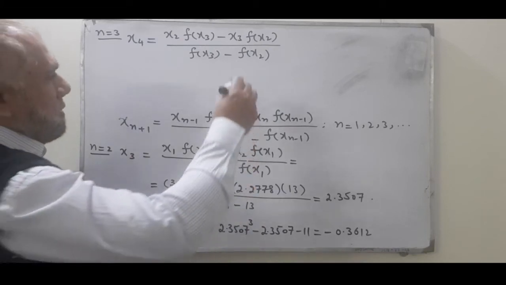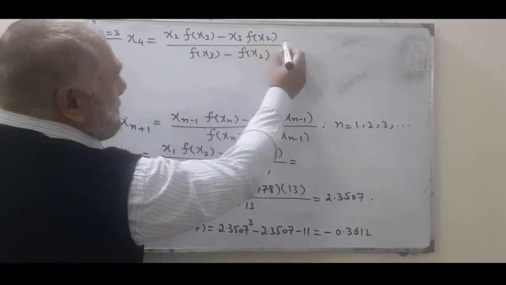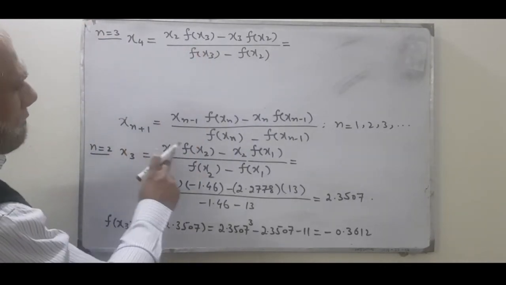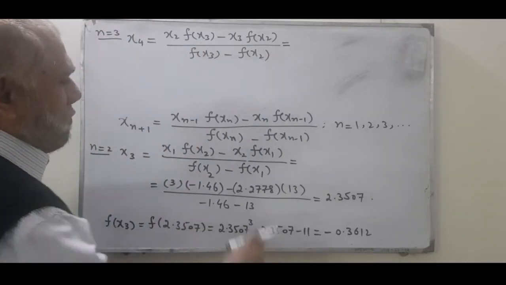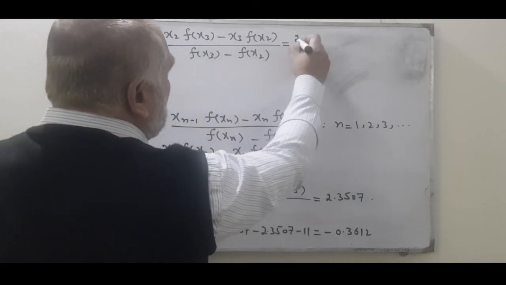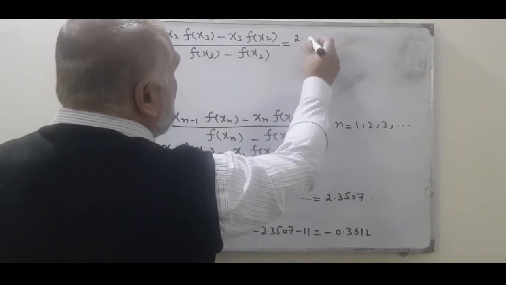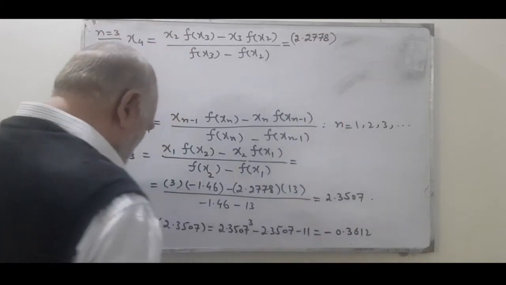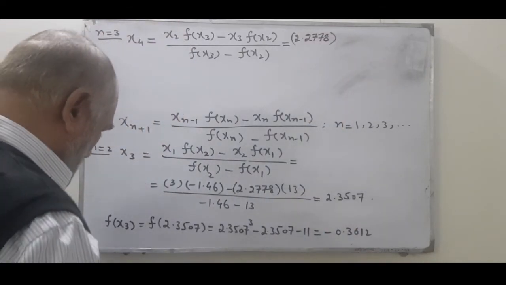Now we substitute the values. x2, we had calculated, was 2.2778. This was the value of x2.